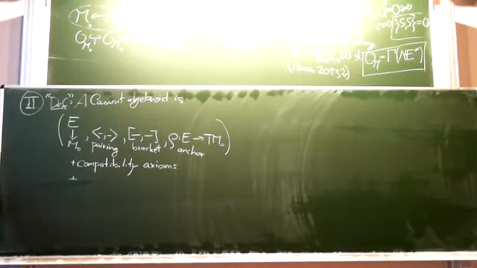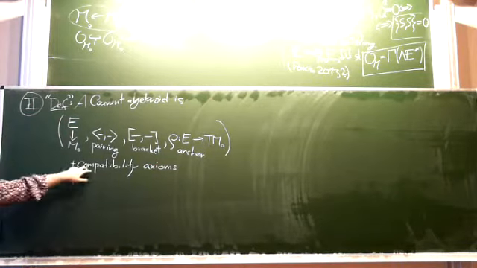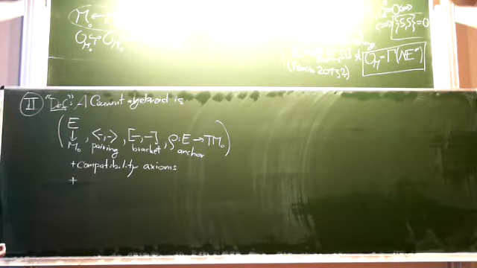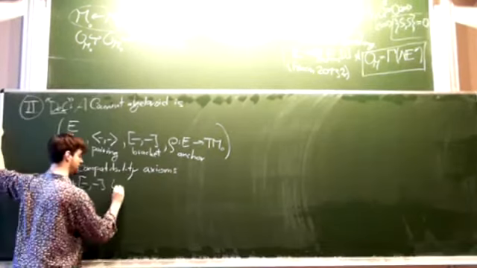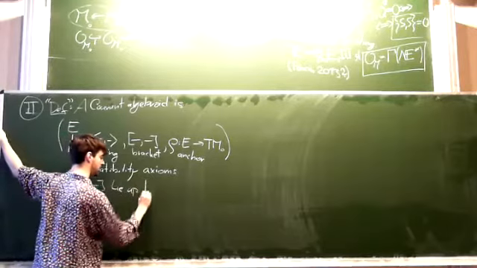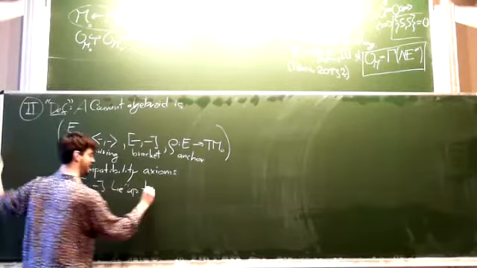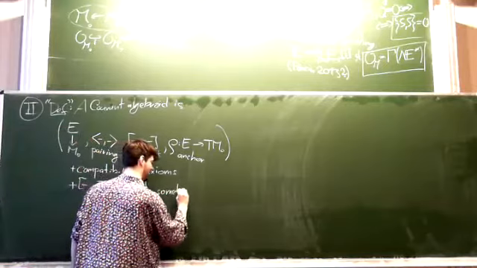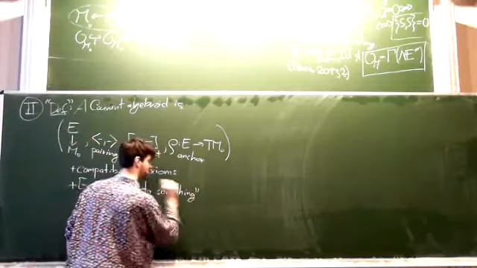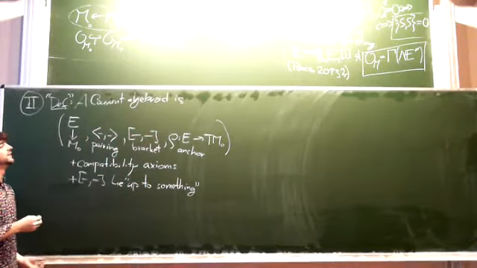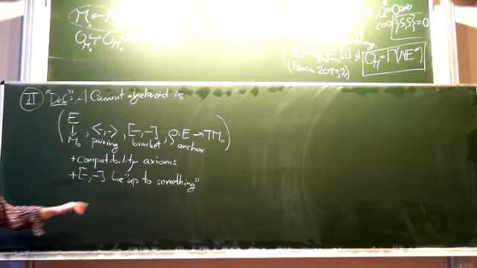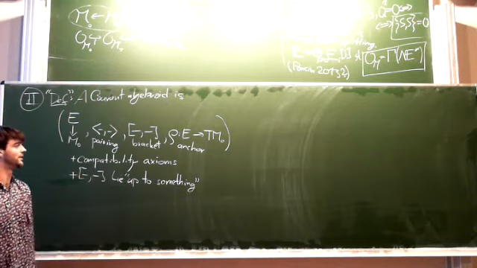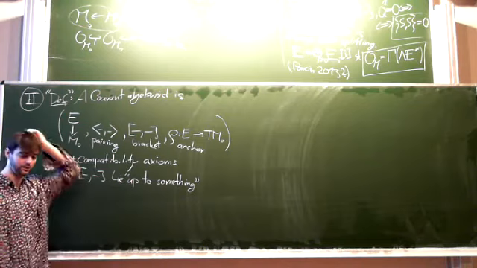Plus, I think of this as a part of those axioms, but I just want to say that the bracket is Leibniz up to something. So this up to something can be understood in terms of homotopy algebras, but I will not use this language today.